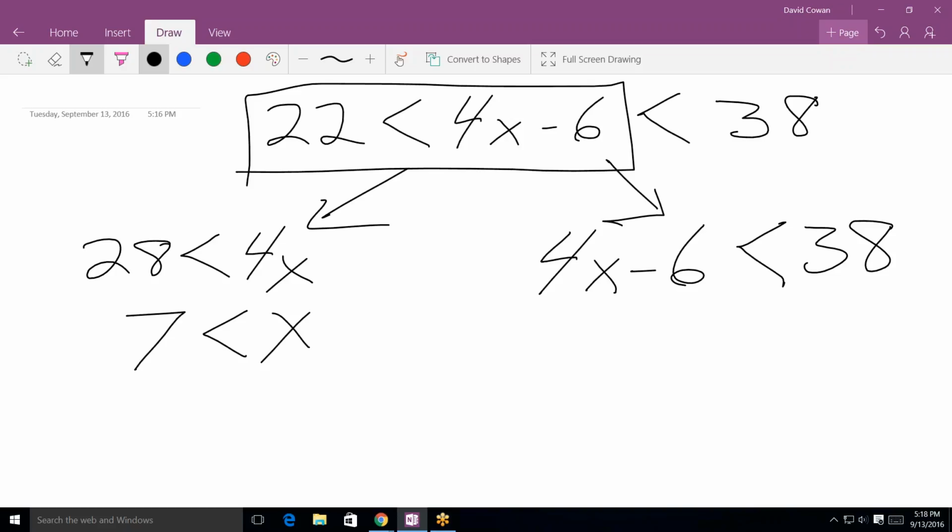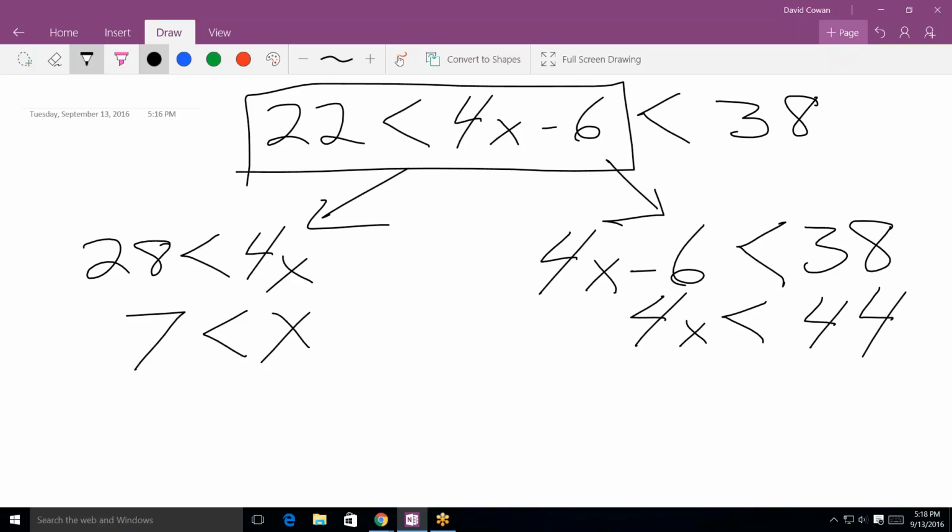Next line on the right side. 4x is less than or equal to 44. And see, what you're really doing there is adding 6 to 8. I know you're adding 6 to 38, but what you're really doing in your mind is adding 6 to 8 and getting 14, carrying the 1, so that's how you get 44.